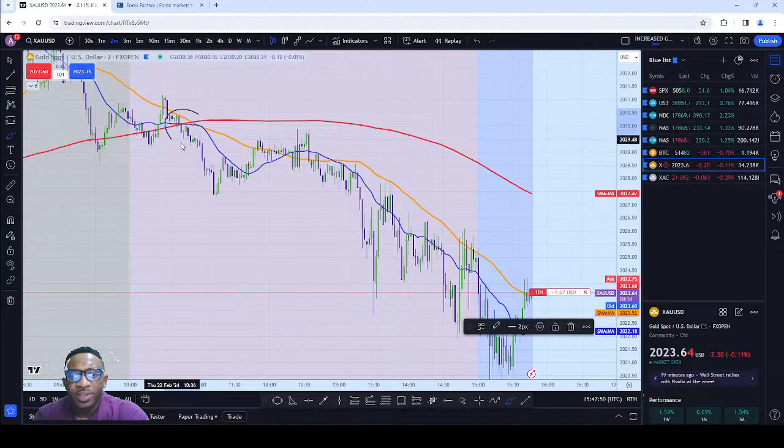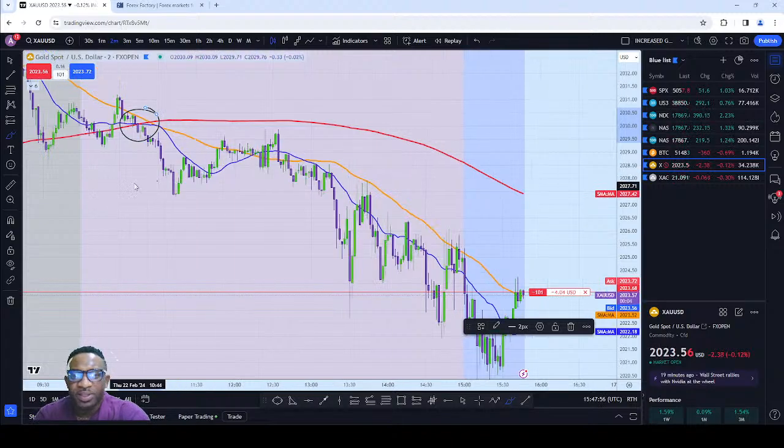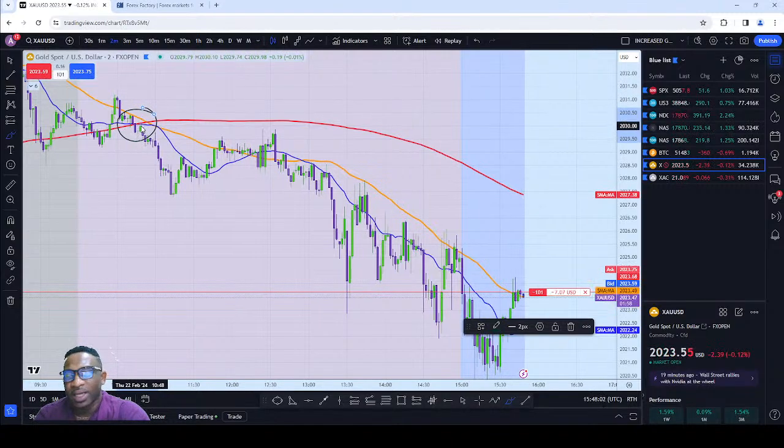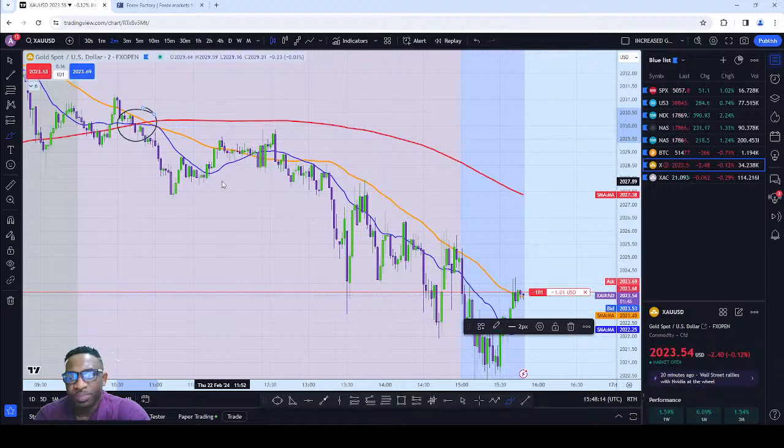So if we're going through the PCT test, as I said, this is the best area to get an entry, because at the narrow states, that's where bigger moves begin.